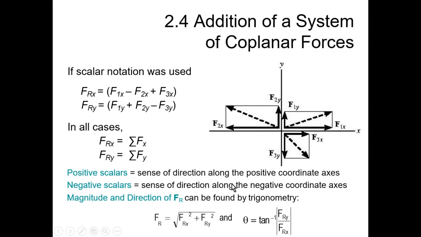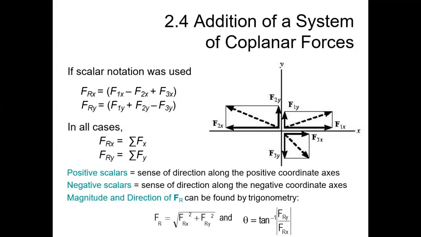And then, like I said, depending on what the inputs and outputs are, sometimes you have the components and you want to find the resultant. So you add the x components, add the y components, and divide total y by total x, then take the tan inverse to get the direction for the resultant. And sometimes you will be provided with the resultant, its magnitude and direction, and you want to resolve that into components.